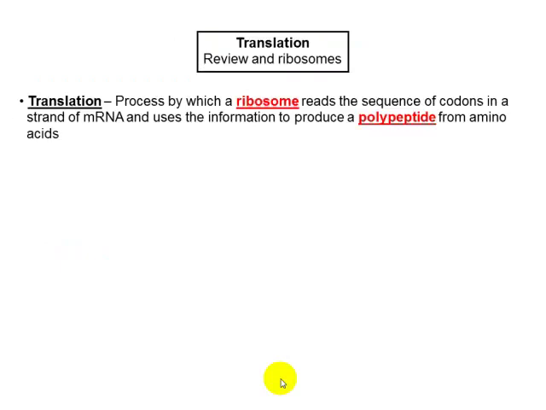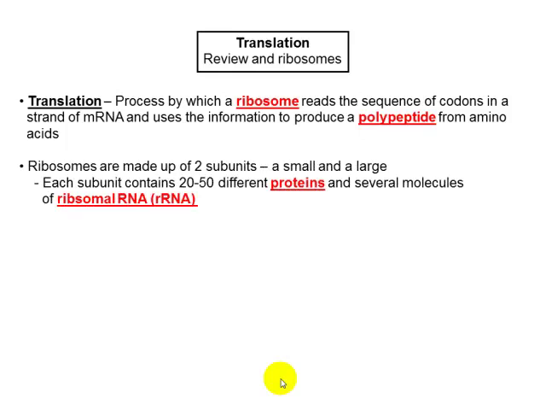Now, getting into translation. For translation, you need other types of RNAs. In this case, you have ribosomal RNAs and you have the ribosomes. But the ribosomes do not act alone. They also need other proteins that are complexed with their RNA.